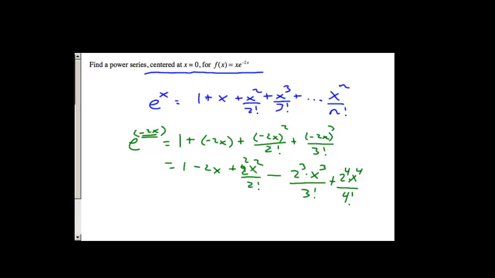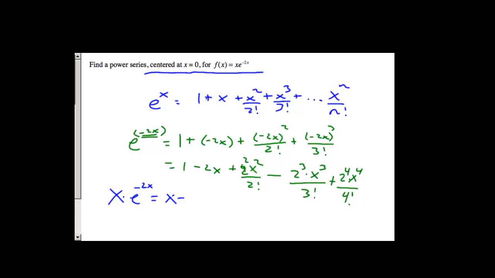Okay, and now what if we multiplied by the x? So if we now are looking at x times e to the minus 2x, we can multiply each of those terms by x.